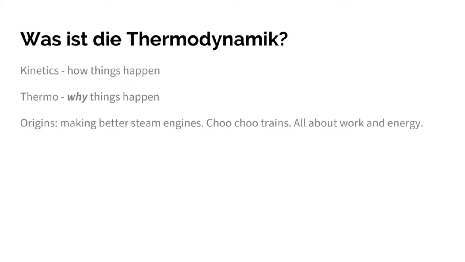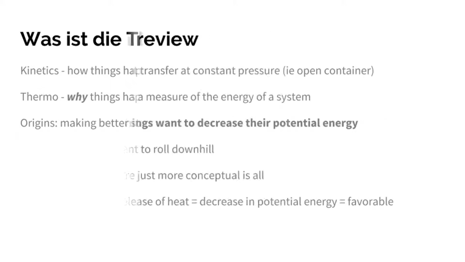So the way they talked about things, the way they classified and understood things, was all about work and efficiency and energy and heat transfer within engines. And so that affects a lot of our vocabulary and the way we discuss things. But it's still very, very applicable to chemistry in various ways. So let's get right onto it.